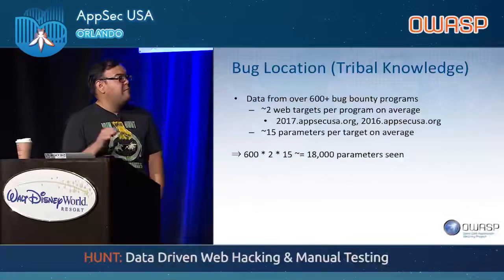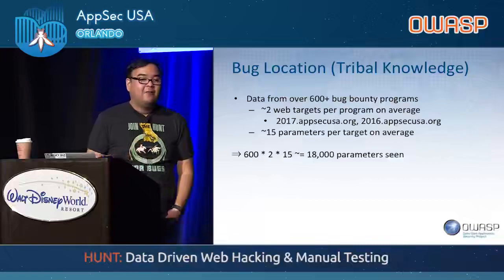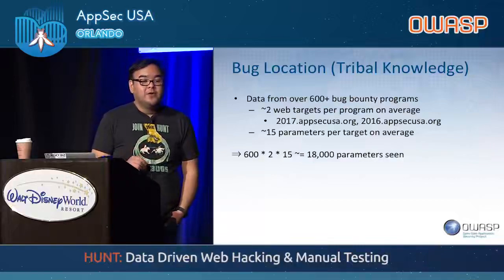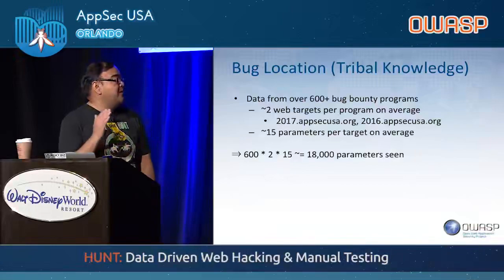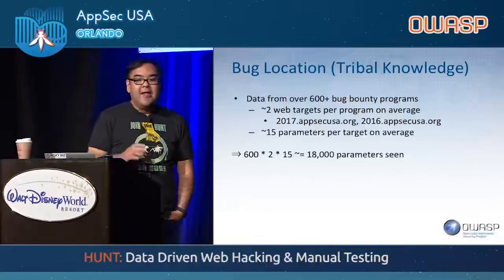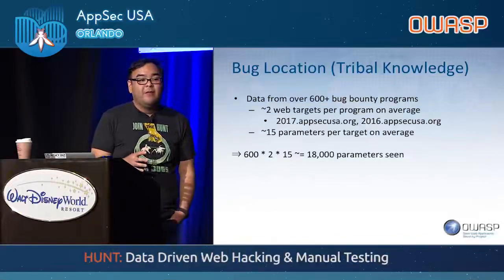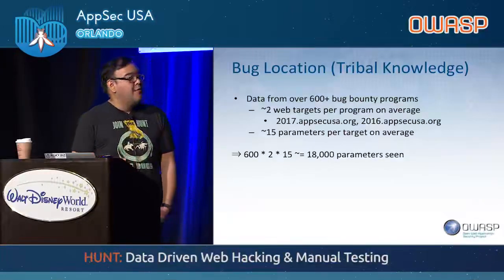And within that, there's about 15 parameters per target on average that we found to be vulnerable on those bounties. So what does that mean? We took 600 times 2 times 15, and we saw about 18,000 parameters, and that's the data set that we're working from to see where all of the bug locations are based on parameters.